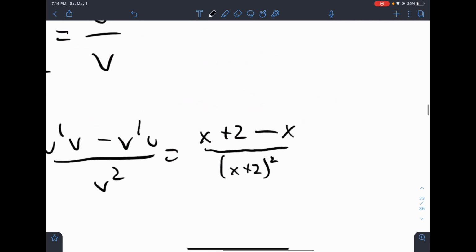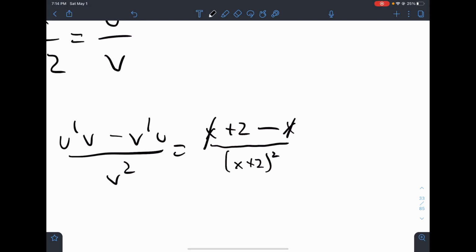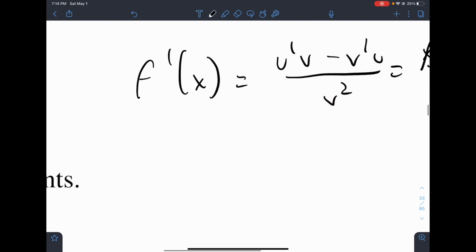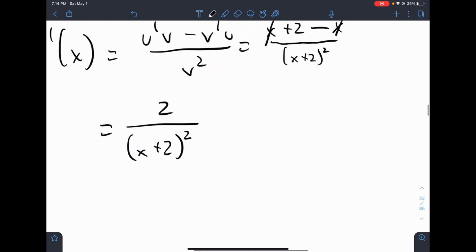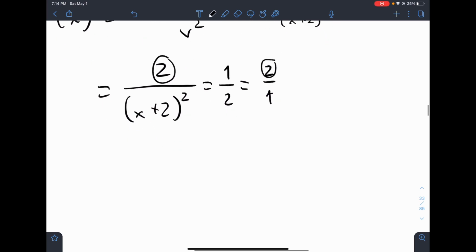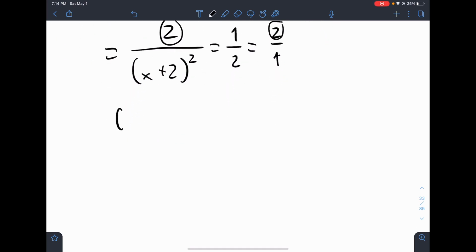And so if you'll notice these x's, the x and the minus x cancel out, so this will equal 2 over x plus 2 squared. Okay, so now we need to find when this is equal to 1/2. So 1/2 is the same as 2/4. And so if you'll notice there's a 2 and a 2 on the top here, so we can set the denominators equal to each other. So x plus 2 squared is equal to 4.